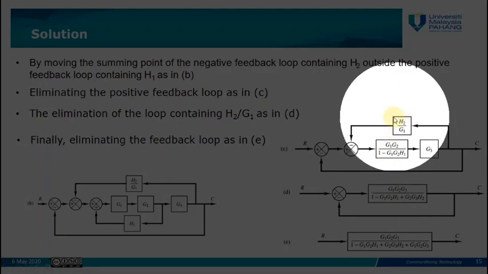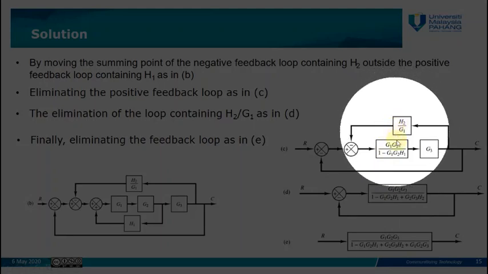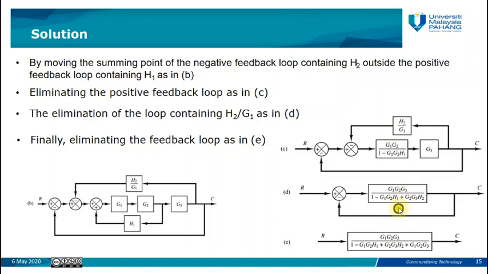Now this feedback system is simplified into a single transfer function, but we still have the original feedback. And this original feedback we call unity feedback, because there is no H value here. So the value of H(s) in this case will be 1. So we have the original transfer function G(s) equal to G1, G2, G3 over 1 minus G1, G2, H1 plus G2, G3, H2.